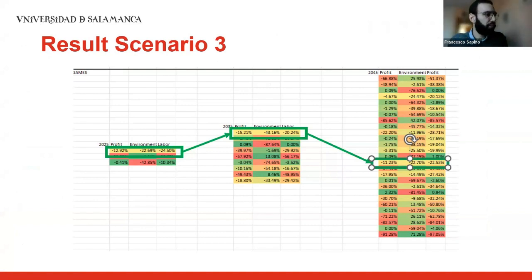Okay. So we have reached the final outcome of this game. You can see that with your third choice you have improved both the environment and the profit impact, while impacting the labor market a little bit more.